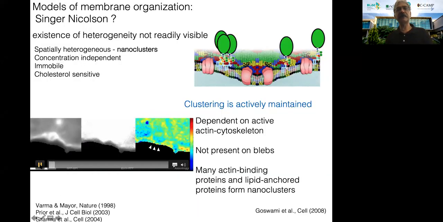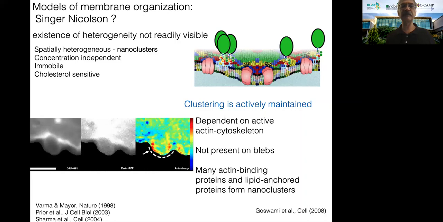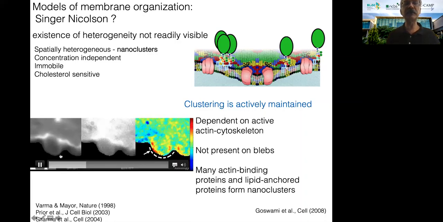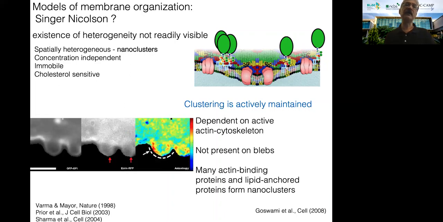So if you take a bleb membrane, a membrane that's blebbing, and watch the anisotropy of the fluorophore in the membrane, what you see is that as soon as the membrane blebs, it becomes red. And when the membrane is being retracted back, it begins to become blue again because it is building clusters.